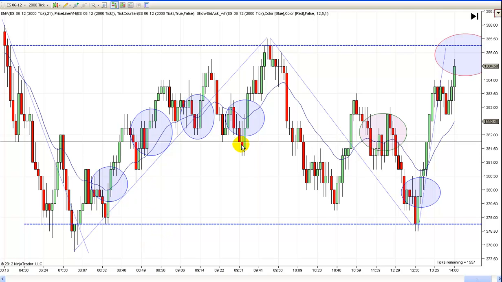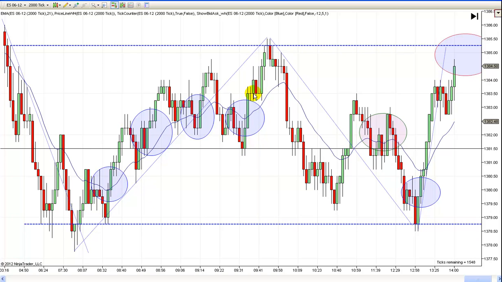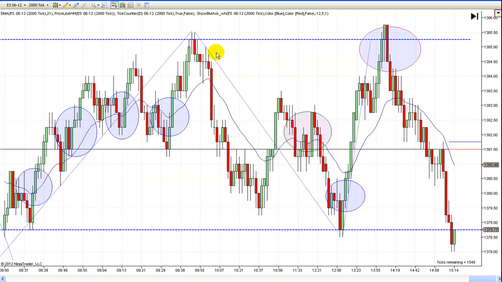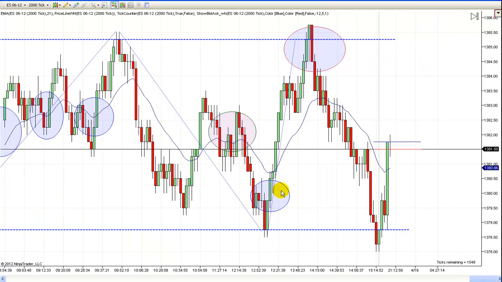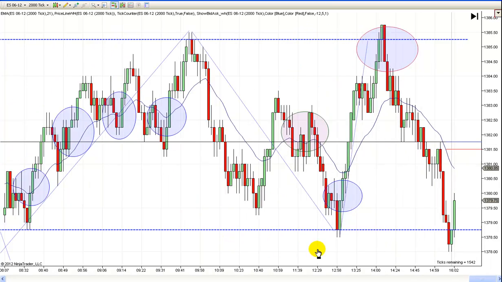And we had this break, and then a move to a new high, and then look what happened. The trend sold off again. And then we had this trend line kind of coming down through here. We got a break right here, and then a move to a new low and a reversal. And then we had this trend moving up here. This was real steep. This was a pretty good bounce.